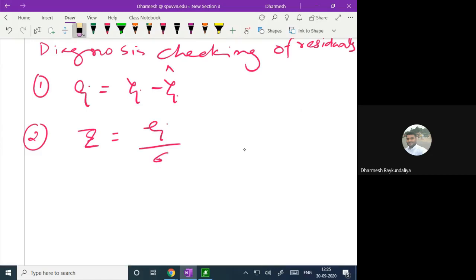Sigma is not known, so we substitute it by the MSE. Then third is the studentized residuals, that is ri, which is ei upon the square root of 1 minus hii into MSE.